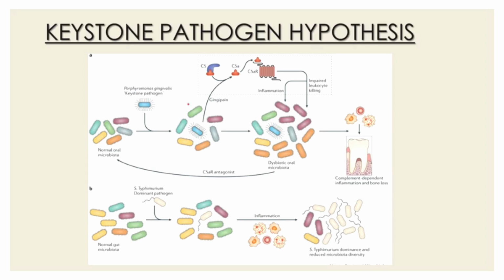P. gingivalis transforms normal oral microbes to dysbiotic oral microbes. This can be done by inactivating the complement system, which leads to inflammation. So, this leads to complement-dependent inflammation and bone loss. The phagocytosis is affected here.